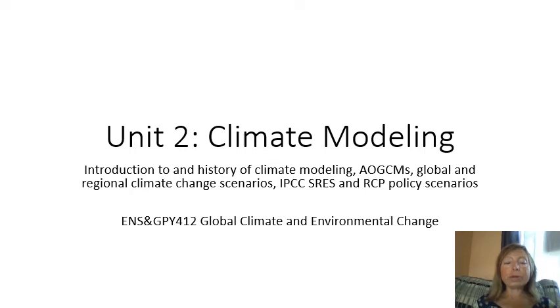Hello everyone, I'm Elena Lubimtseva and this is Unit 2, Climate Modeling in Environmental Studies and Geography for 12, Global Climate and Environmental Change. In the second unit, we will focus on the introduction to and history of climate modeling, AOGCMs, the Atmosphere, Ocean, General Circulation Models, global and regional climate change scenarios, and the IPCC SRES and RCP policy scenarios.